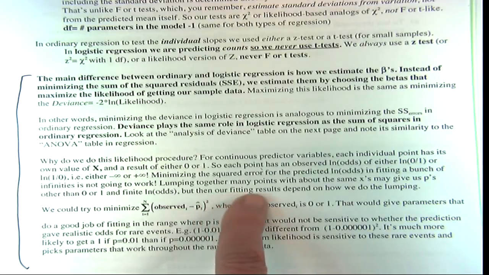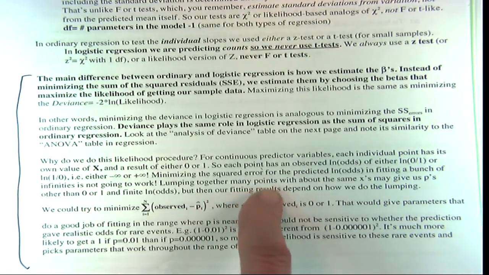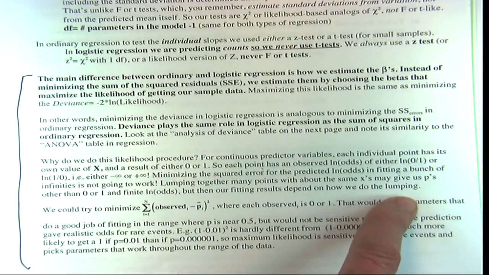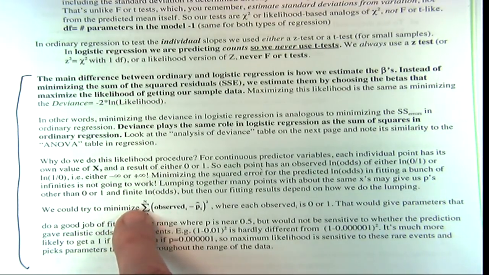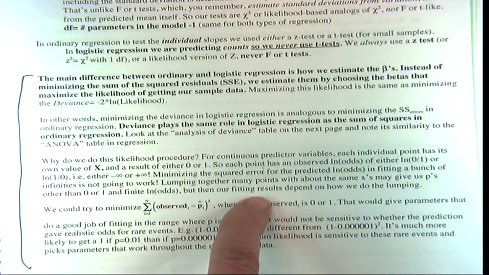You could lump together points of about the same x, group them together, and get the averages of the p's, like in a vertical strip, like we did. But then our fitting results really depend on how we do that lumping for continuous variables.